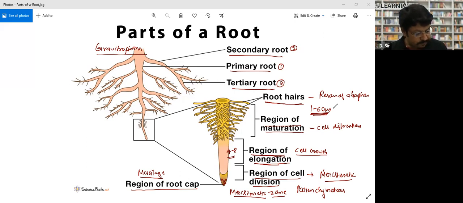Most of the water absorption occurs at this zone.